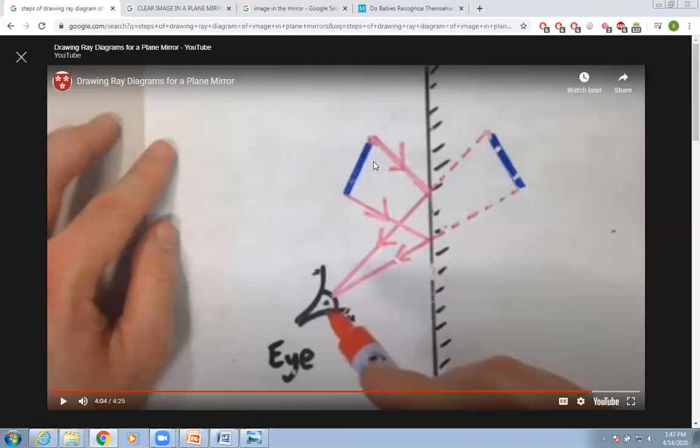Always remember, the rays coming from the object are the incident rays, and rays coming from the image are the reflected rays. When you draw the normal, you can measure the angle of incidence between the normal and the incident ray, and the angle between the reflected ray and the normal. In some questions, it is asked to measure the angle of incidence and reflection and prove the laws of reflection from the diagram. I hope it will be clear to you.